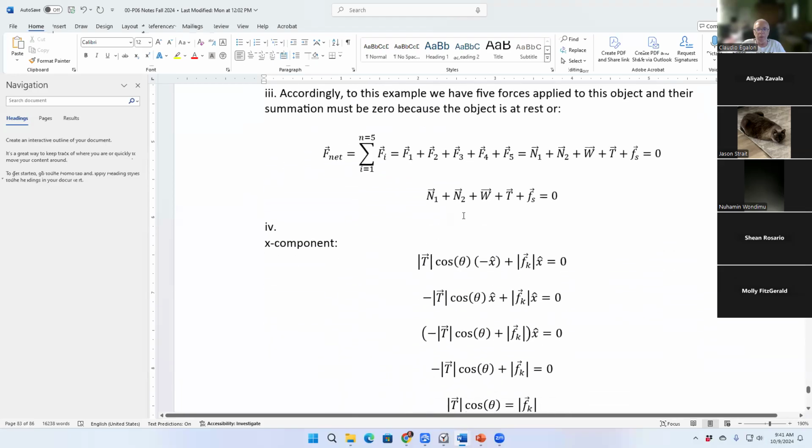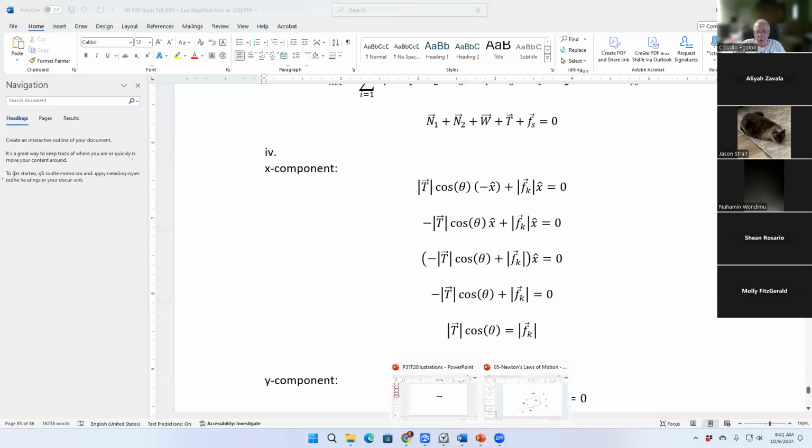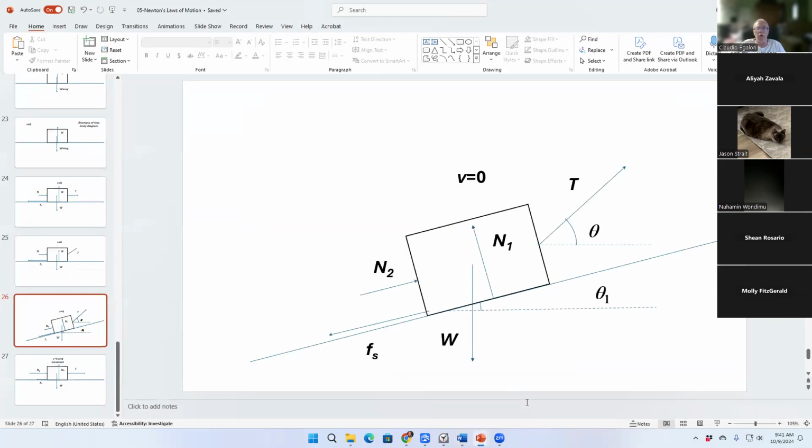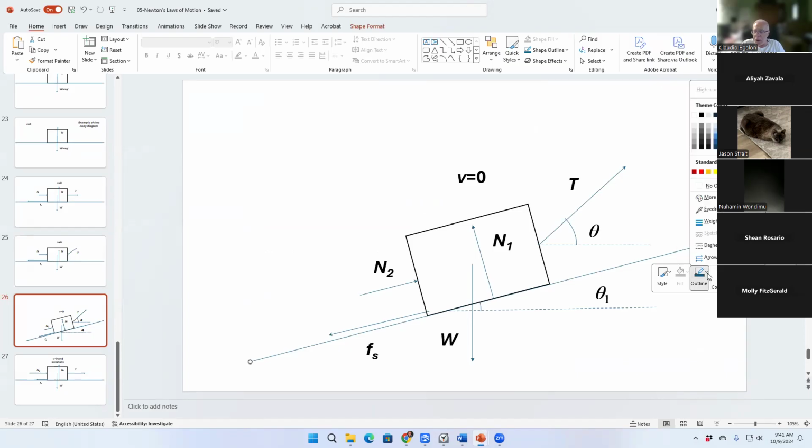So now, the x component. You always have to consult the drawing. In this case, let's make our x-axis in a different direction. It's very convenient for this type of problem to put my axis along the inclined plane.